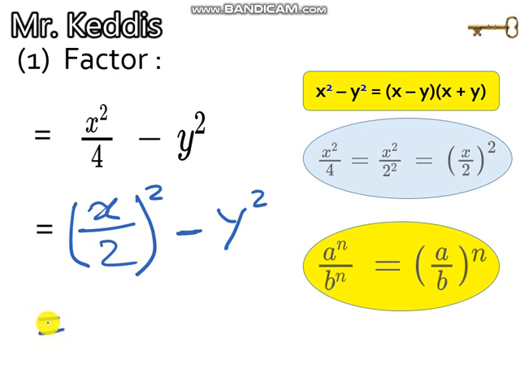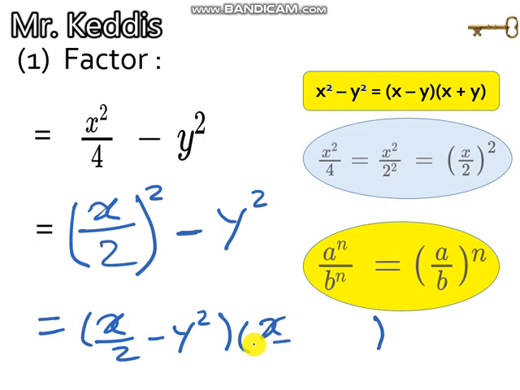This now becomes the difference between two squares. I can factor this as x over 2 minus y, and x over 2 plus y.